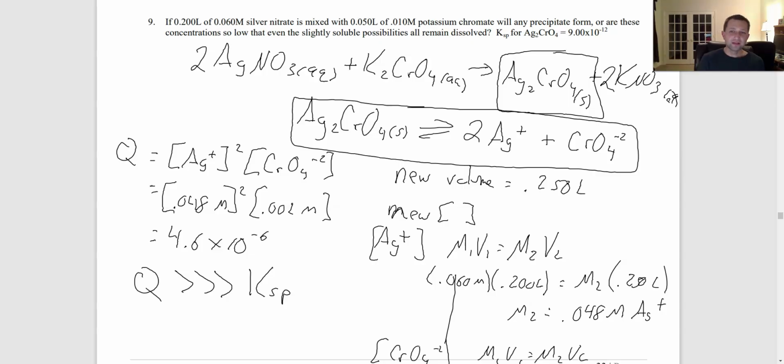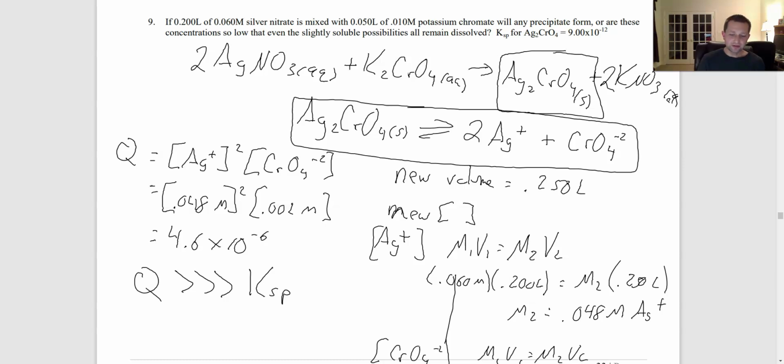If the concentration of silver and chromate was really small, they would stay dissolved and no solid would be formed. What we want to do is see if this solid will be formed. That only occurs if we have too many of these ions right here. So Q is way larger than KSP, looking at this equation here.